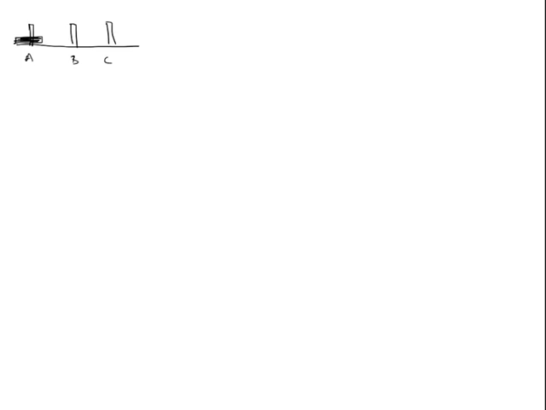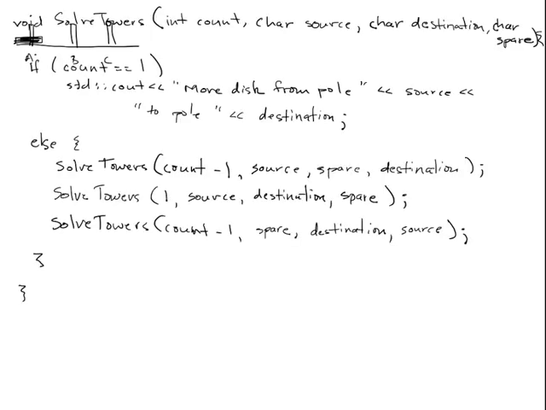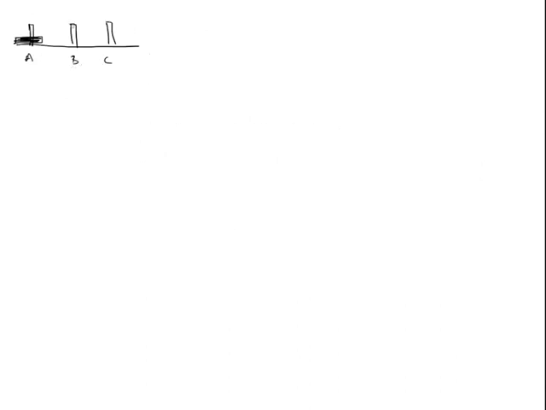Okay, so here's our code. Our code says if count equals 1, well, let's look and see what our first call looks like. Okay, so this puzzle looks like this.